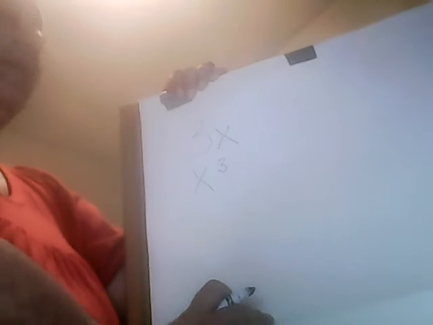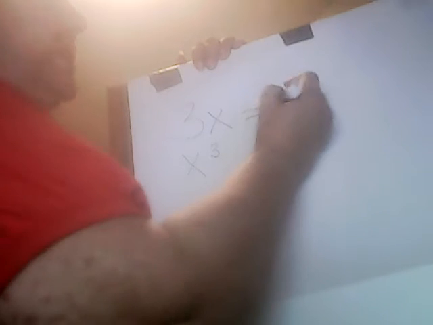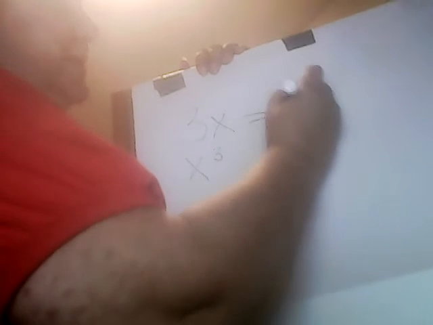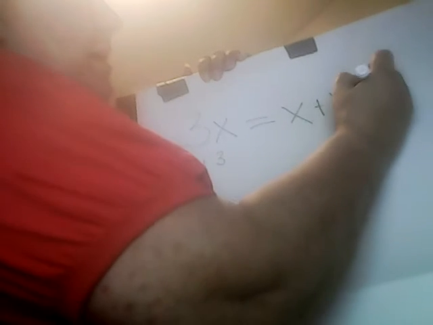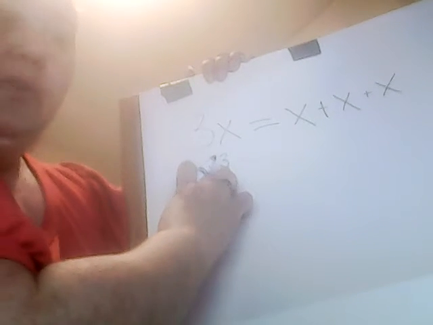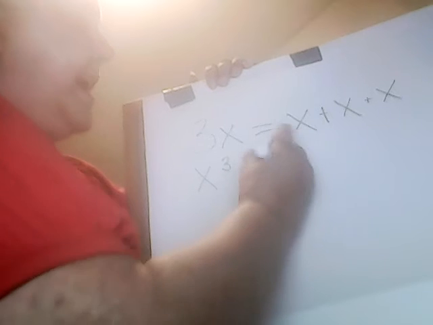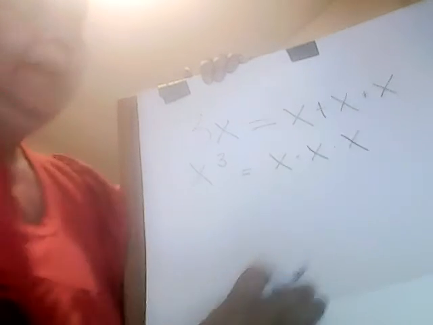If we did the operation itself, we would see that they come up with very different numbers, because 3x means x plus x plus x, and x to the third power would mean x times x times x.